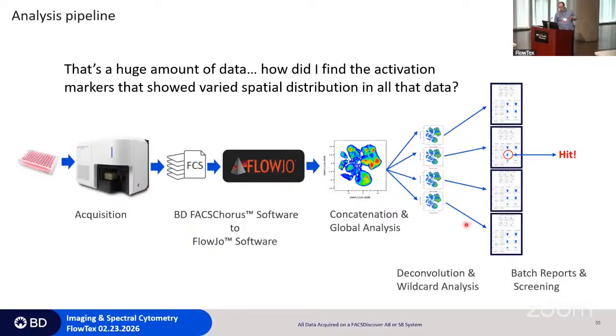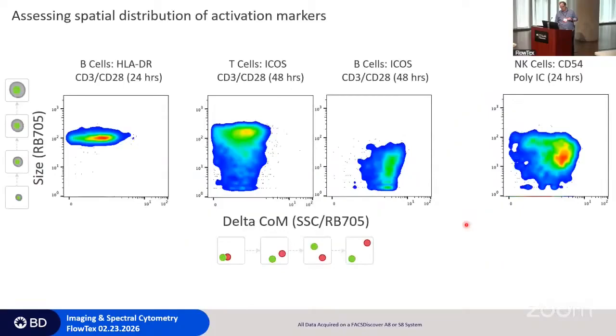So eventually what I ended up doing is I started to generate these batch reports. The batch report is predicated on the shape of that one plot, again looking at the delta center of mass between side scatter and RB705. And what you see here are 4 very different profiles, right?